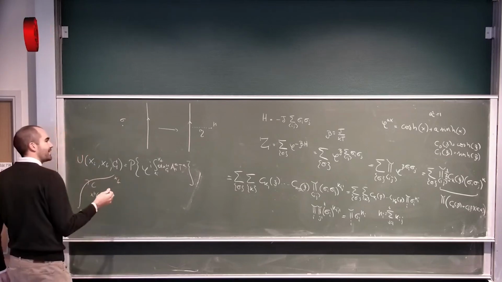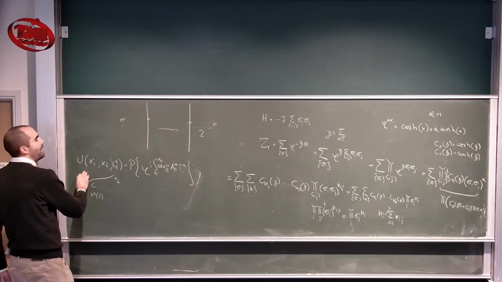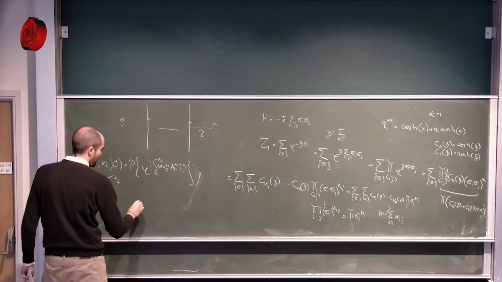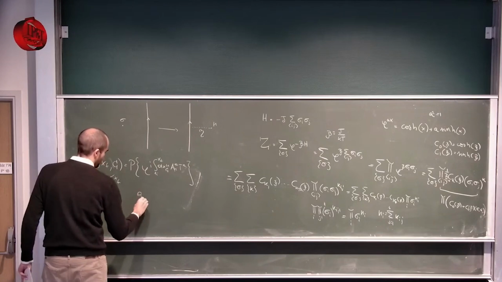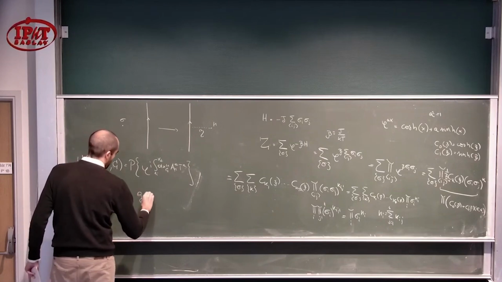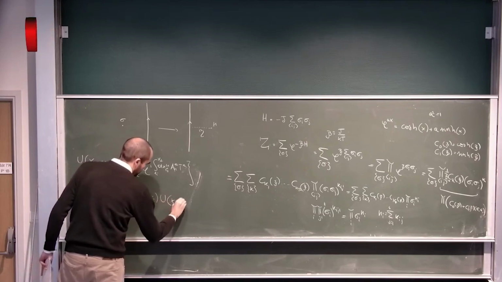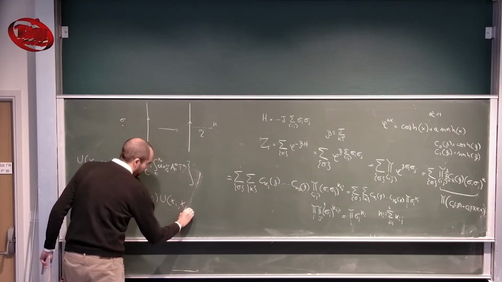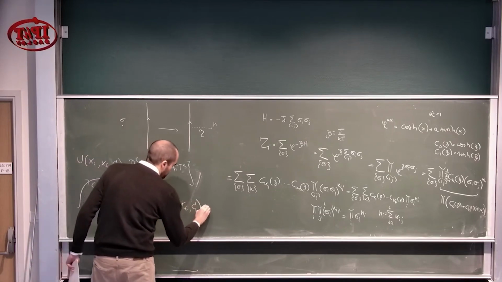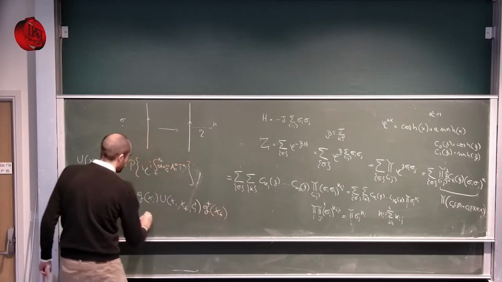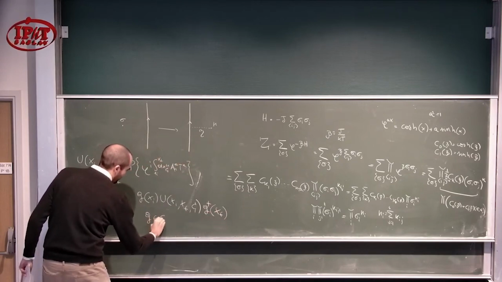All these details, in the end, we're not going to need. The only point that's useful for us is that you can show relatively easily that this object under a gauge transformation transforms like this, where this is the full element of the group.